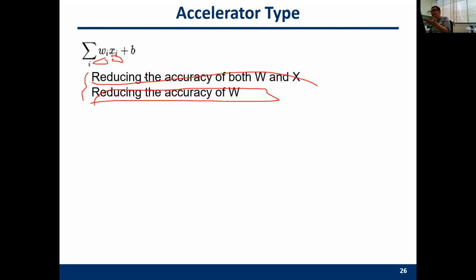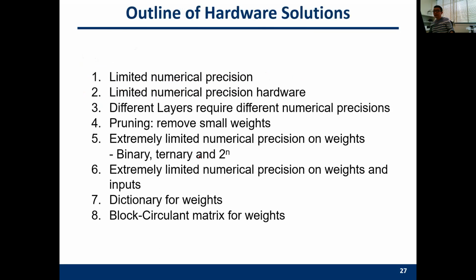If you degrade the quality of the image, of course the accuracy will seriously degrade. So we will cover these solutions to reduce the computing overhead of the neural network with minimum degraded accuracy.